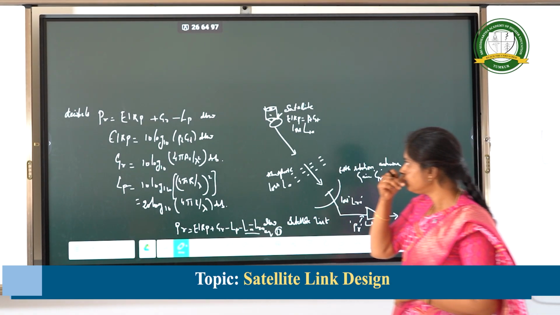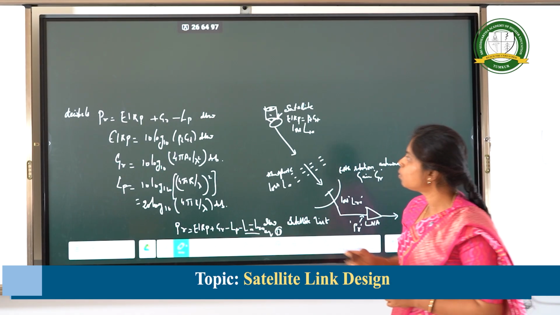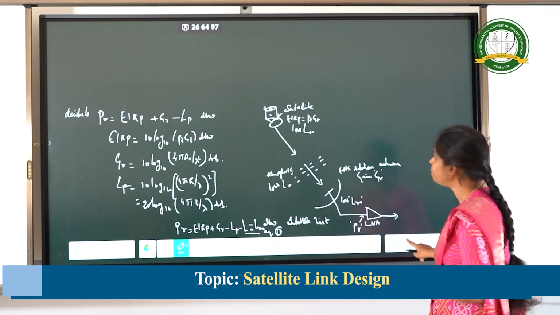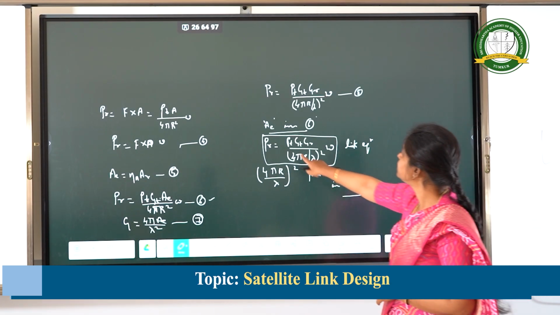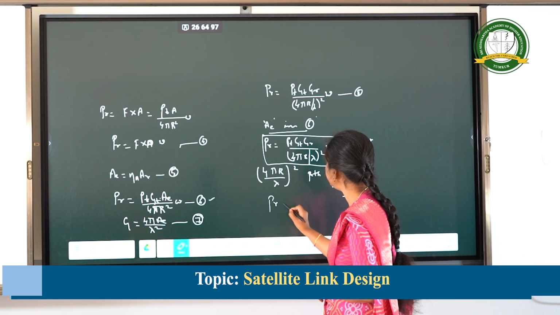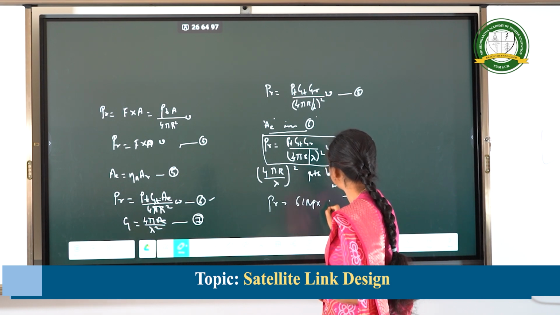The same equation can be represented in terms of decibels. PR will be equal to EIRP into GR divided by path loss.